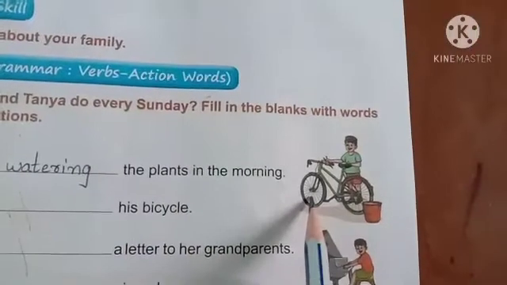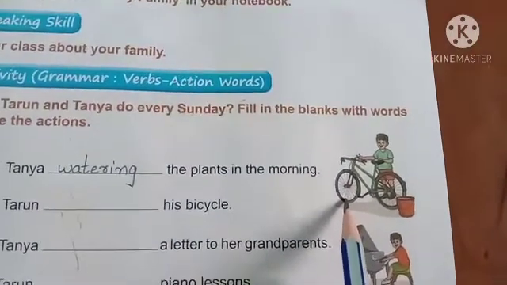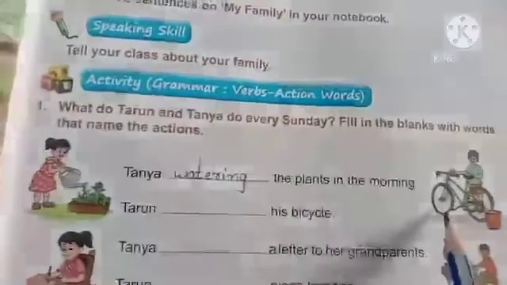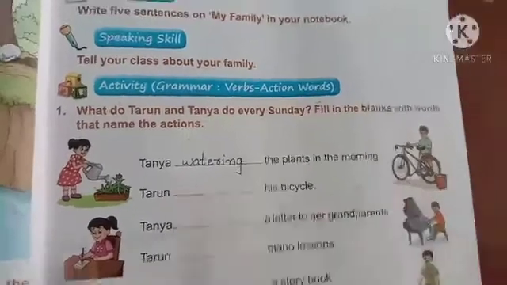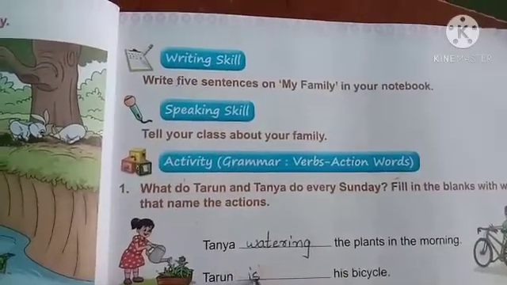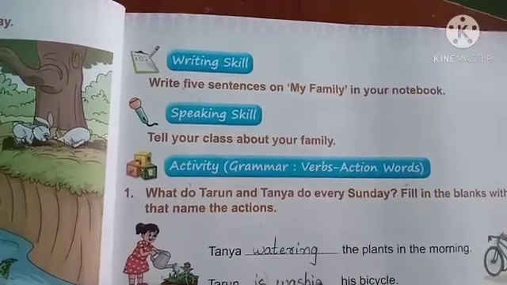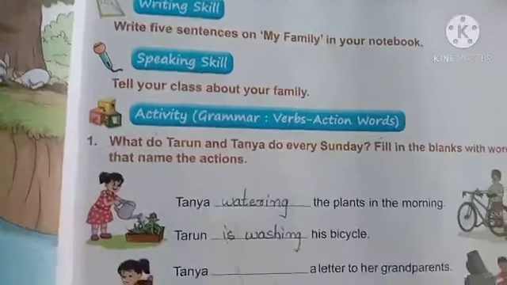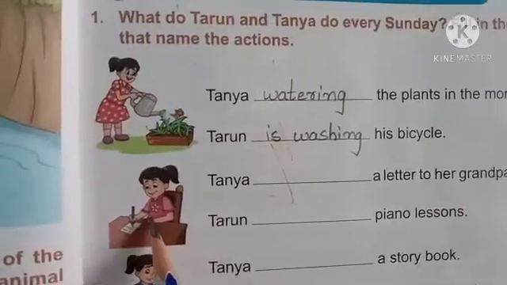What is Tarun doing here? Yes, he is washing. You also wash your bicycles, no? Very good. Keep your bicycles, your toys clean. Okay. Tarun is washing his bicycle. I-S is. W-A-S-H-I-N-G. Washing his bicycle.